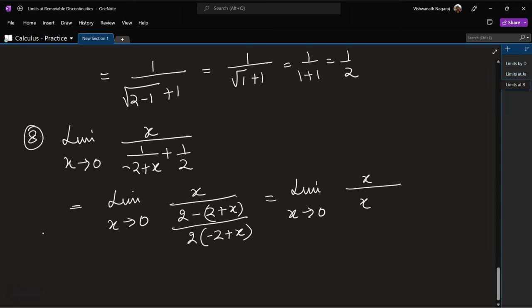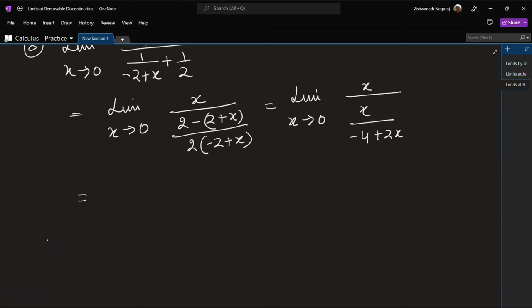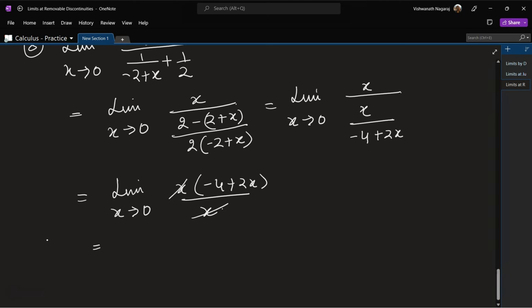So x by (minus 4 plus 2x). And what we can do is write it as the limit as x approaches 0 of x times (minus 4 plus 2x) by x. These two cancel out. And we can do direct substitution. So minus 4 plus 2 times 0, which is minus 4.